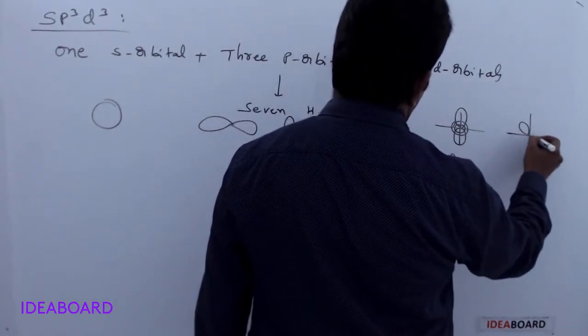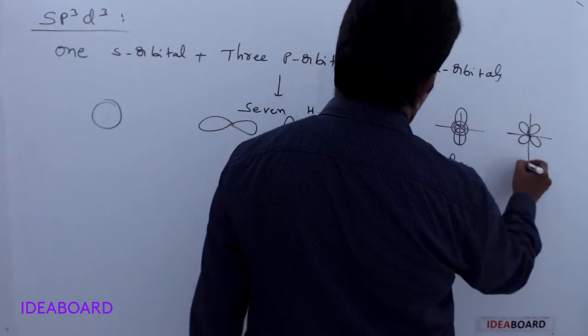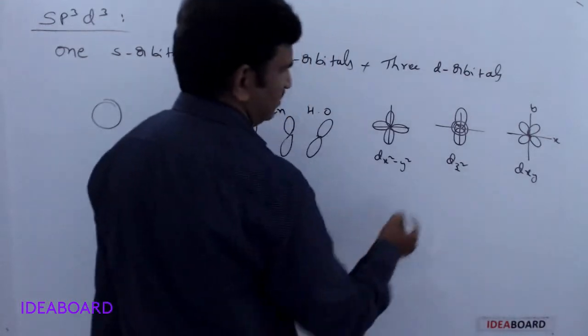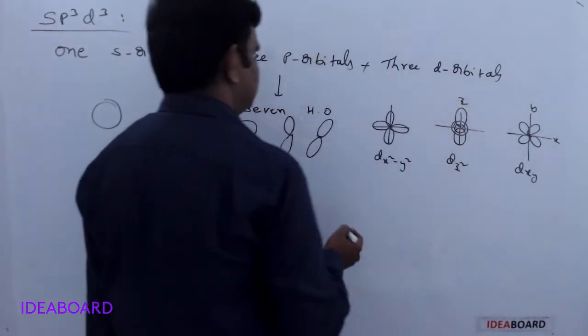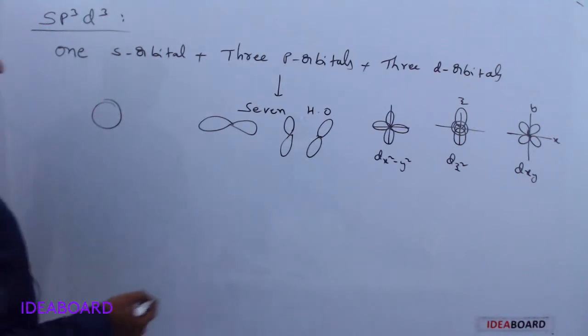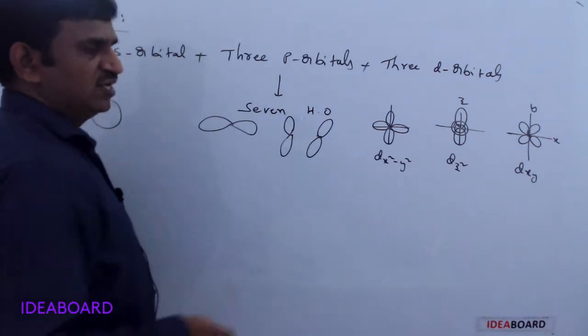These are involved in the hybridization. This is the x-axis, this is the y-axis, and this is the z-axis. So these are involved in forming a total of 7 hybrid orbitals.